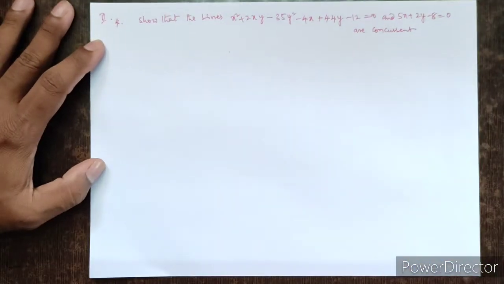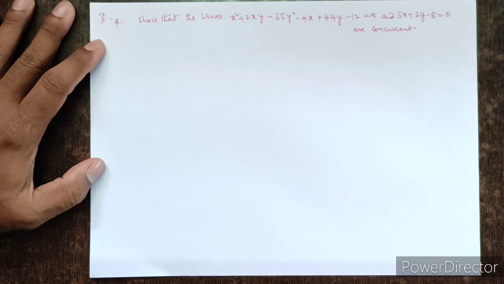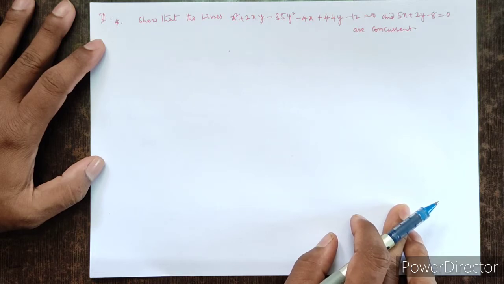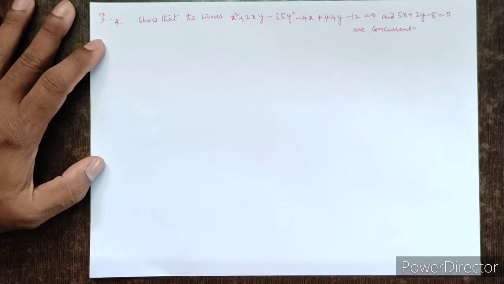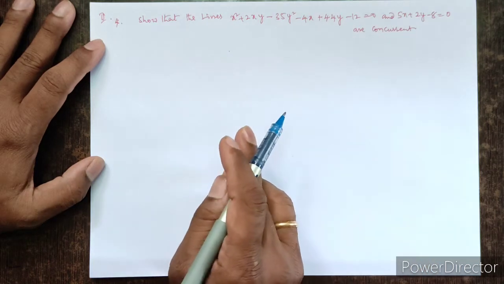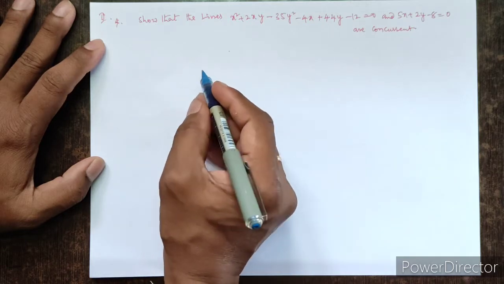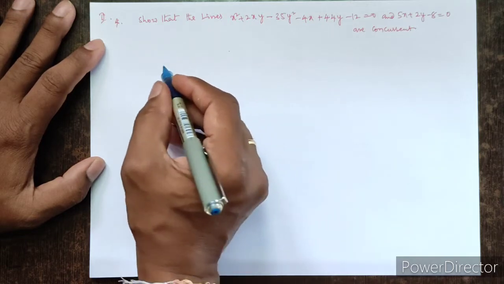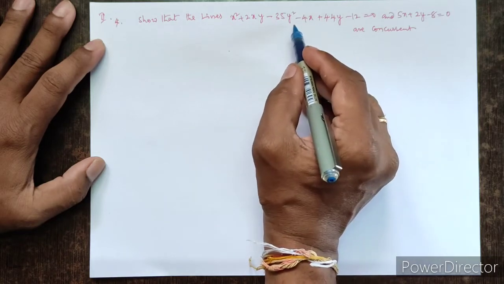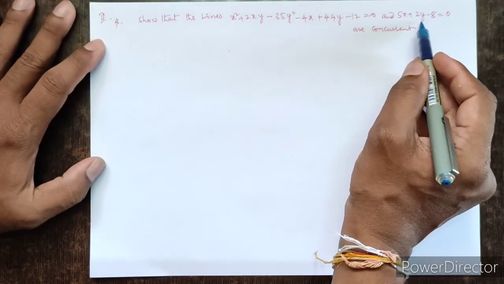Concurrent means more than two lines intersecting, the intersecting point is common. More than two lines are intersecting at one point. That point is the concurrent point. The lines are concurrent lines. Okay, so this is the pair of straight lines, these are the two lines, and this is the third line.